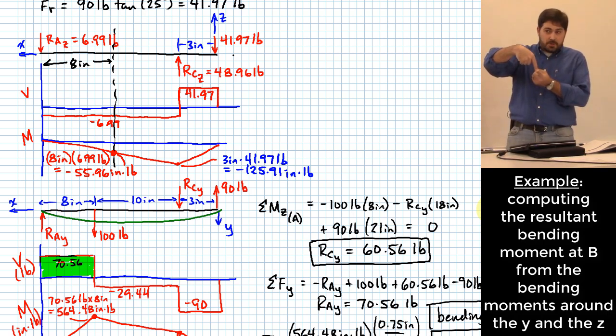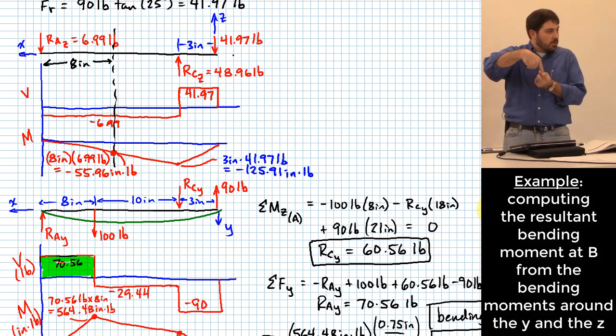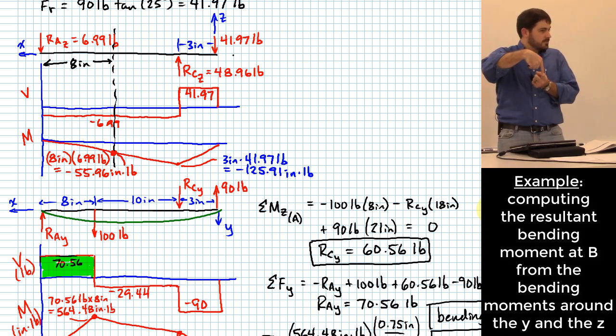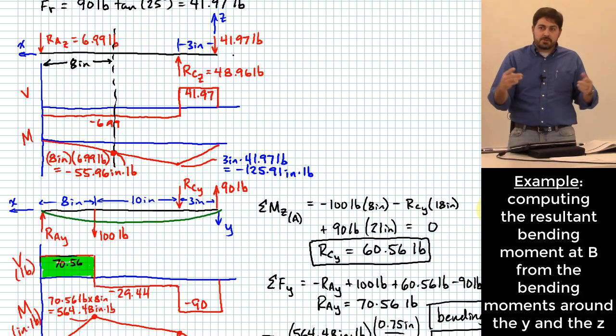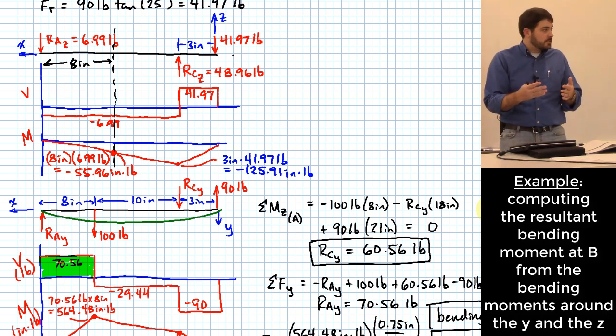Remember, moments are vectors. And we've got two perpendicular vectors, and I want to figure out the overall net effect. You figure out the magnitude of taking those two perpendicular vectors and combining them into a resultant. How do you do that, you think?